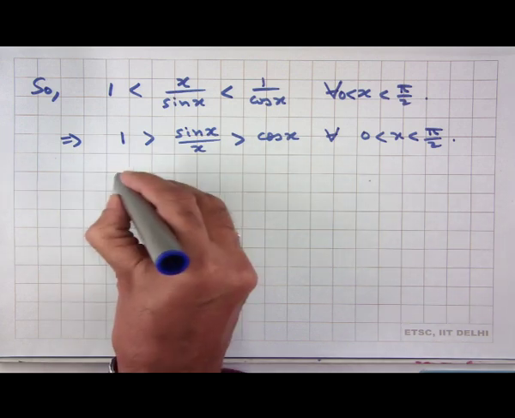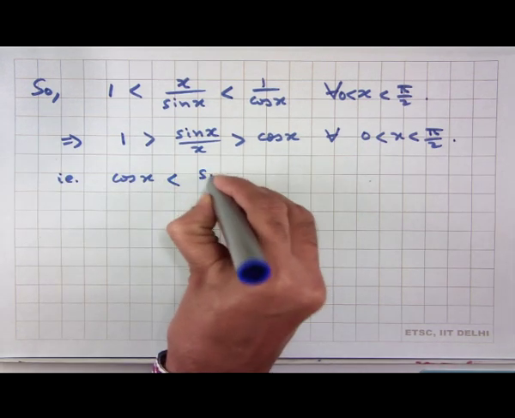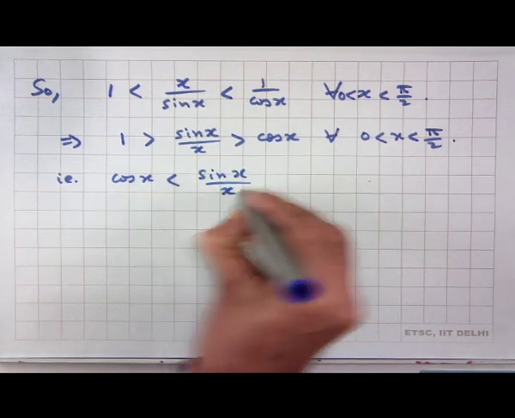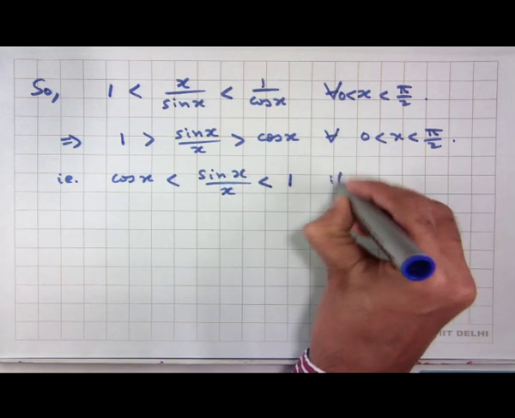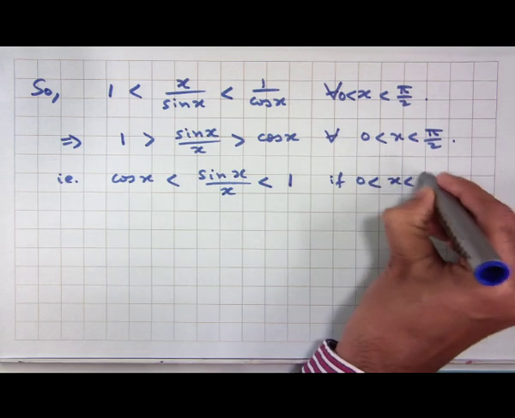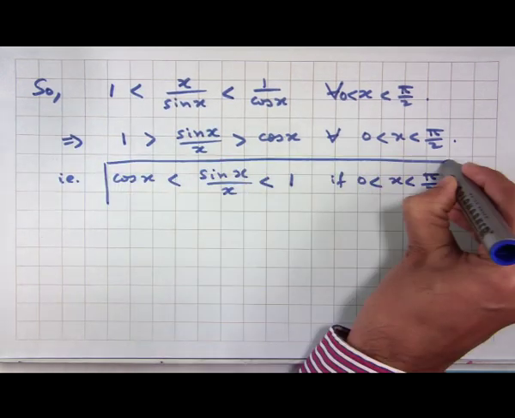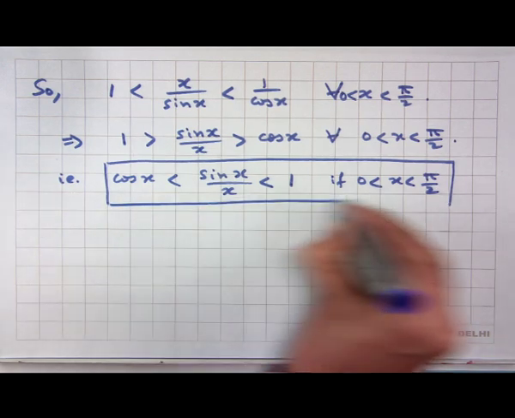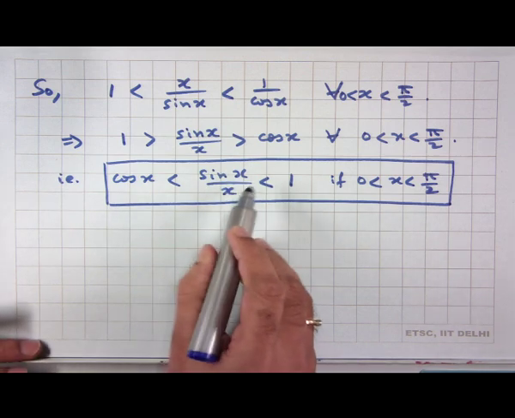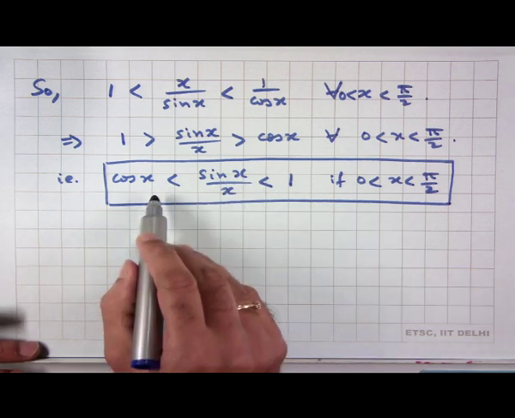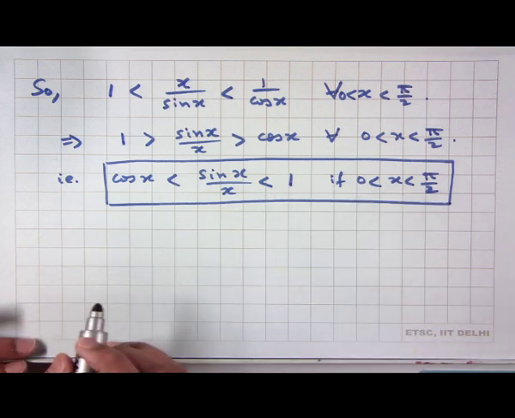Let me write this again, cos x is less than sin x by x, which is less than 1 if 0 is less than x is less than pi by 2. Right. What we were looking for is the limit of sin x by x. What we did is, we have found that sin x by x is between cos x and 1 for all x between 0 and pi by 2.